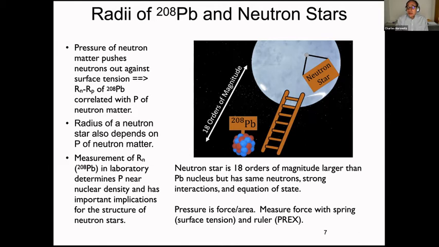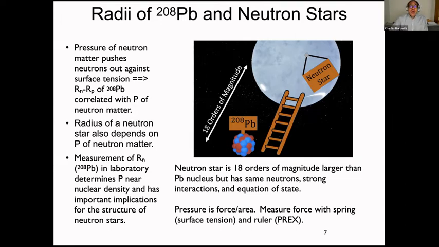If you like, pressure is force per unit area. To measure a force, you use a spring. In this case, it's the known surface tension of nuclei. You measure a force with a spring and a ruler, how much the spring is stretched, and PREX is that ruler.